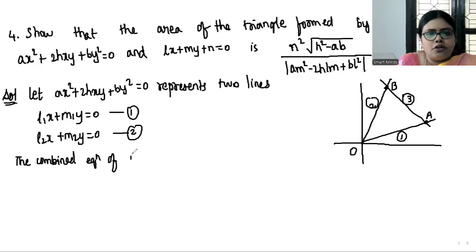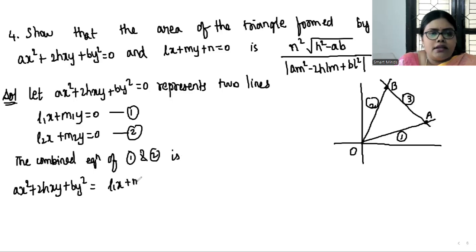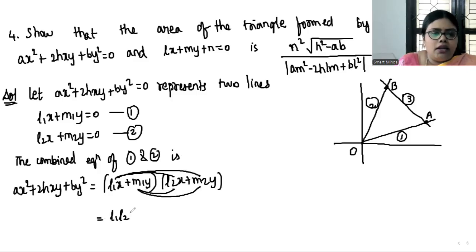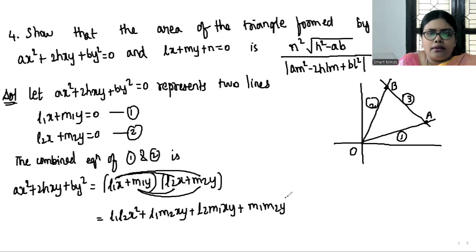Now what is the combined equation? The combined equation of equation number 1 and 2 is ax square plus 2hxy plus by square equals (L1x plus M1y) into (L2x plus M2y). Multiply these two brackets: this into this, this into this, this into this, this into this. So that is L1 L2 x square plus L1 M2 xy plus L2 M1 xy plus M1 M2 y square.